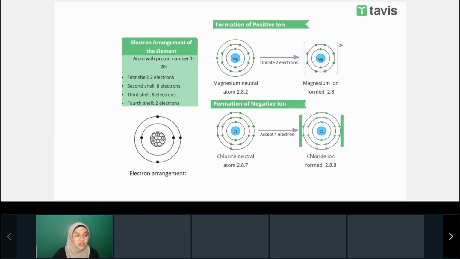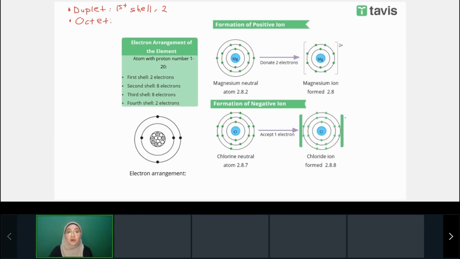Before that, you should know what a duplet is and what an octet is. Does anybody have any idea about duplet and octet? Duplet is the electron arrangement at the first shell. The maximum number of electrons must be 2.